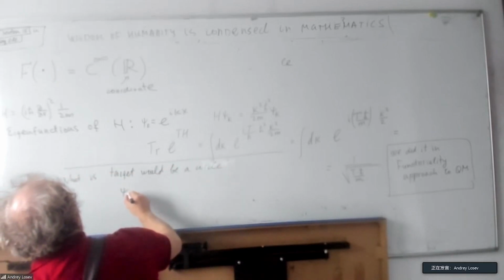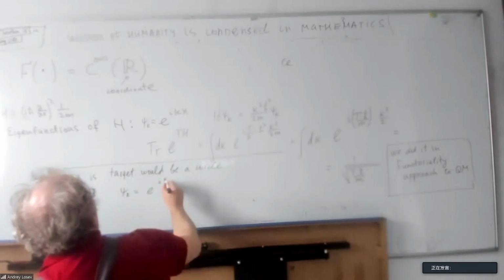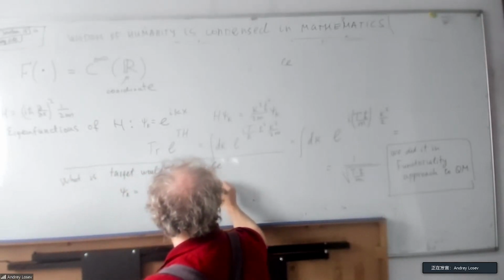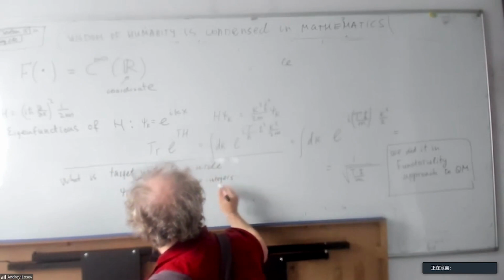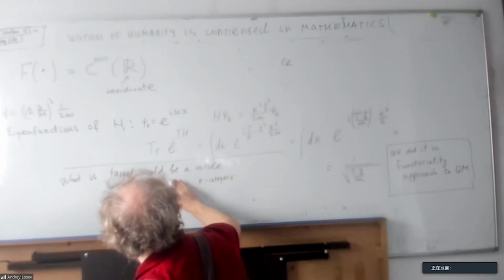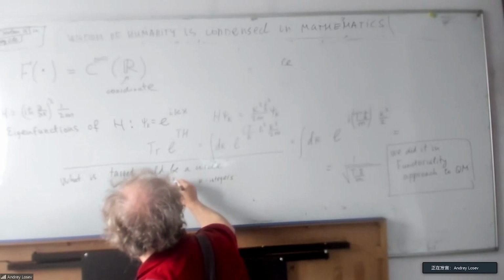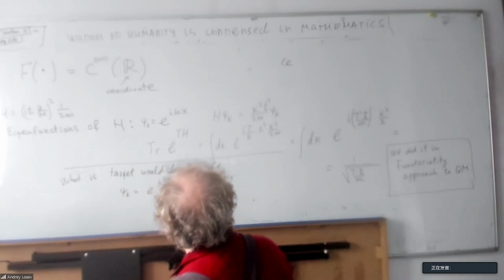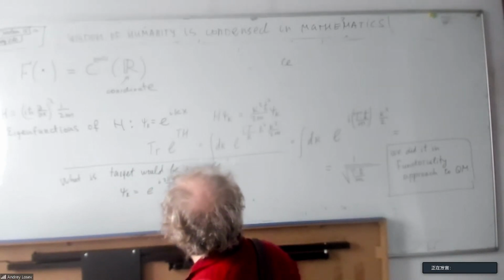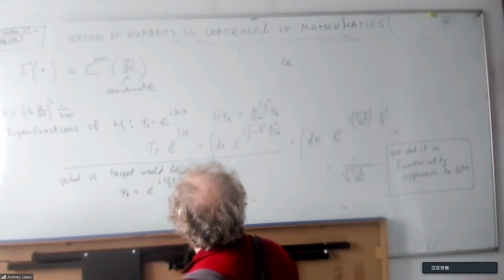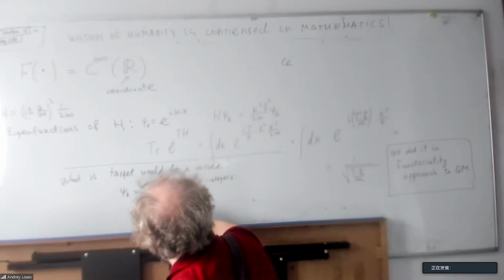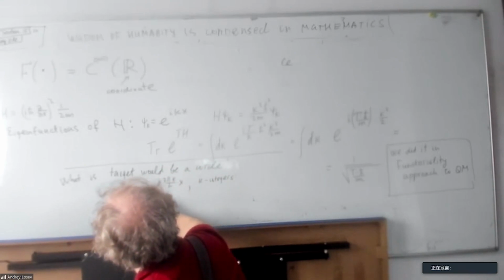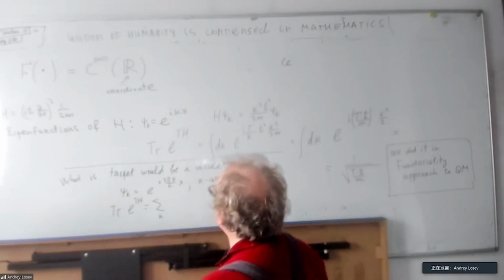Then psi-k would be e to the ikx over L, where k would be integers, okay, 2 pi k over L. Then everything would be very similar with one distinction. The trace would be a sum.